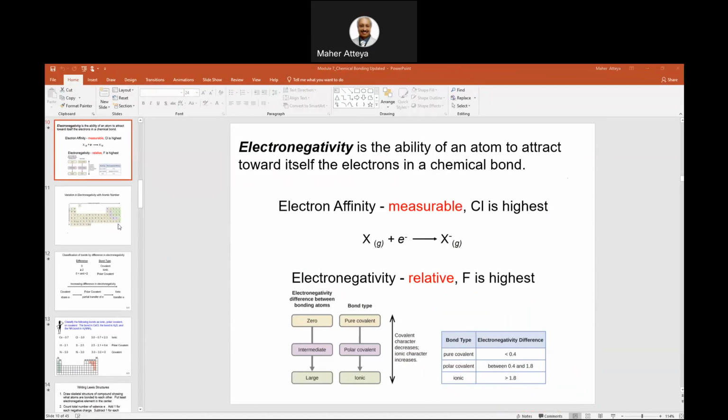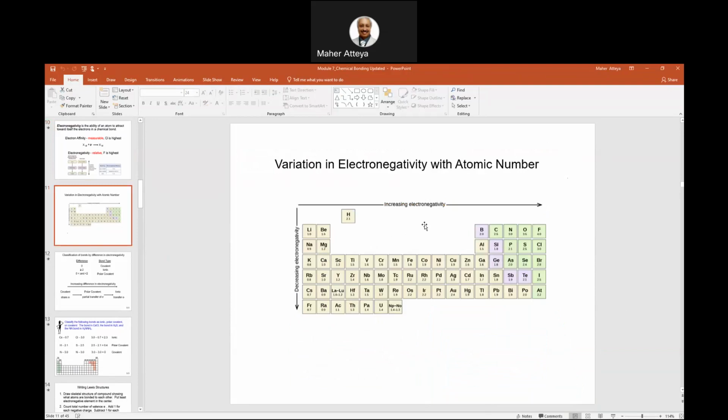So let me look at this table here. If I have, for example, here, tell me if it's polar or non-polar. I have here H, F. Is this polar or not polar? HF. So HF, the fluorine is 4.0.